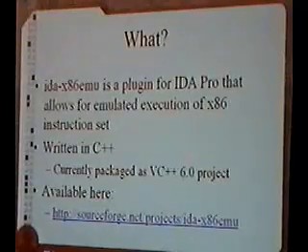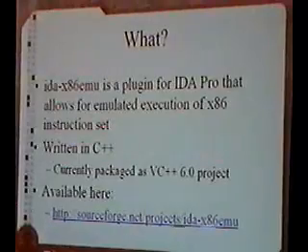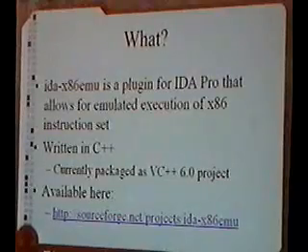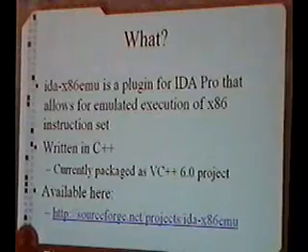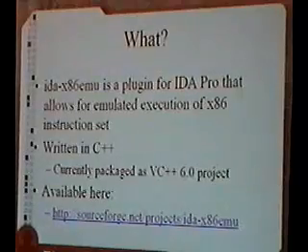So what I'm going to talk about today is a plugin that I've developed, and for lack of anything better, it's this x86 emulator plugin, and what it does is it allows you to do some emulated execution of instructions within IDA. So basically, you're looking at the disassembly in IDA. Only x86 is all I ever intend to work on.